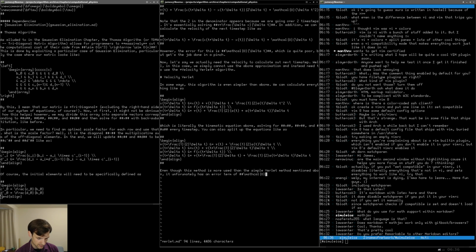Oh, delta t raised to the squared, which is 2 orders of magnitude worse. Okay, good.